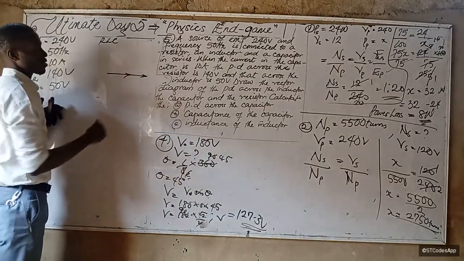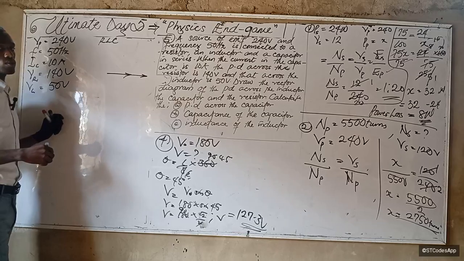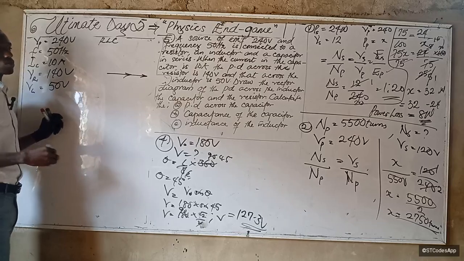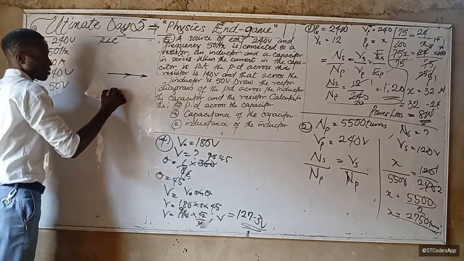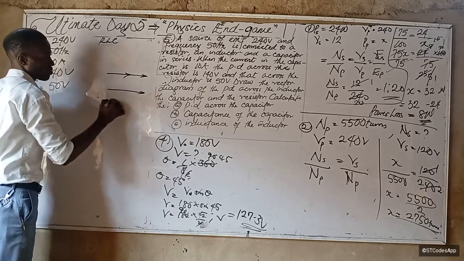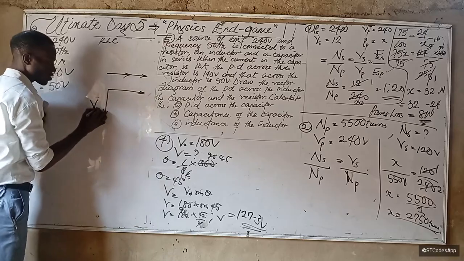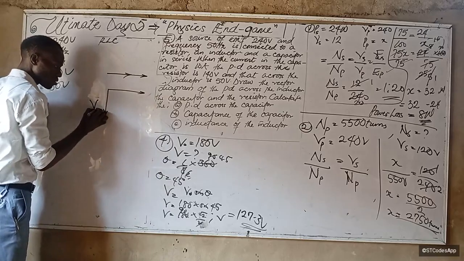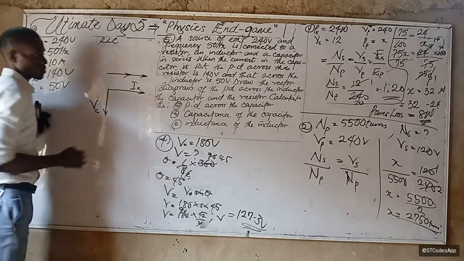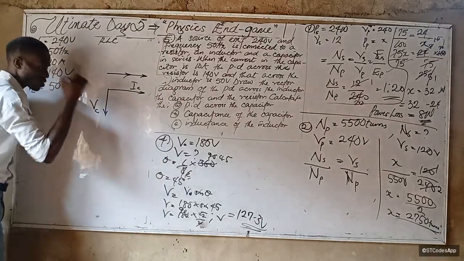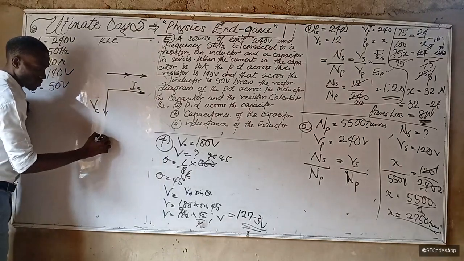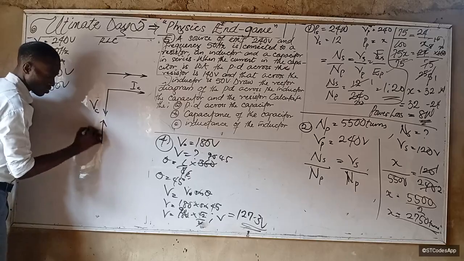In a capacitive circuit, what will happen? Capacitive, who will lag, who will lead? So this is V sub C and this is I sub C. Is this clear? This is capacitive. Inductive, who will lead? Voltage will lead.